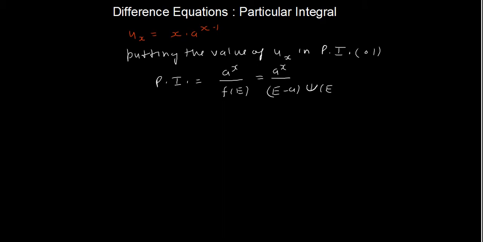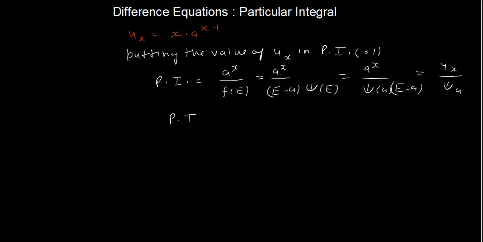So this may be written as e to the power x upon phi(a) into e minus a. So just put the value of u(x) here.